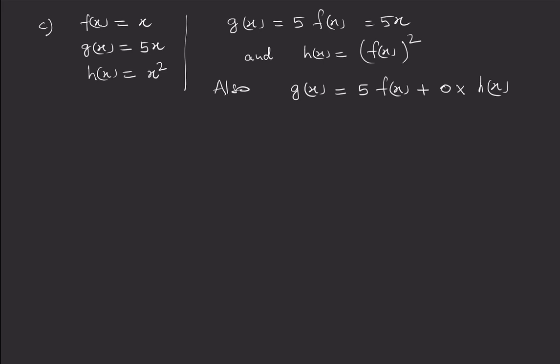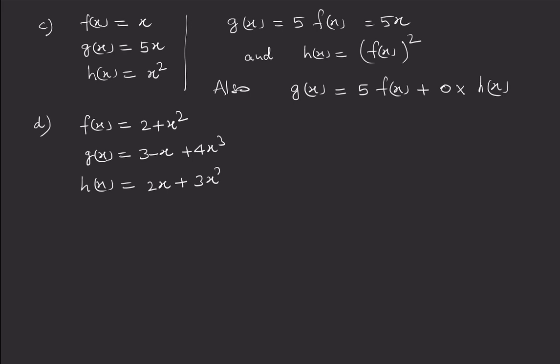The next set of functions is f(x) is equal to 2 plus x square, g(x) is equal to 3 minus x plus 4x cube, and h(x) is equal to 2x plus 3x square minus 8x cube.